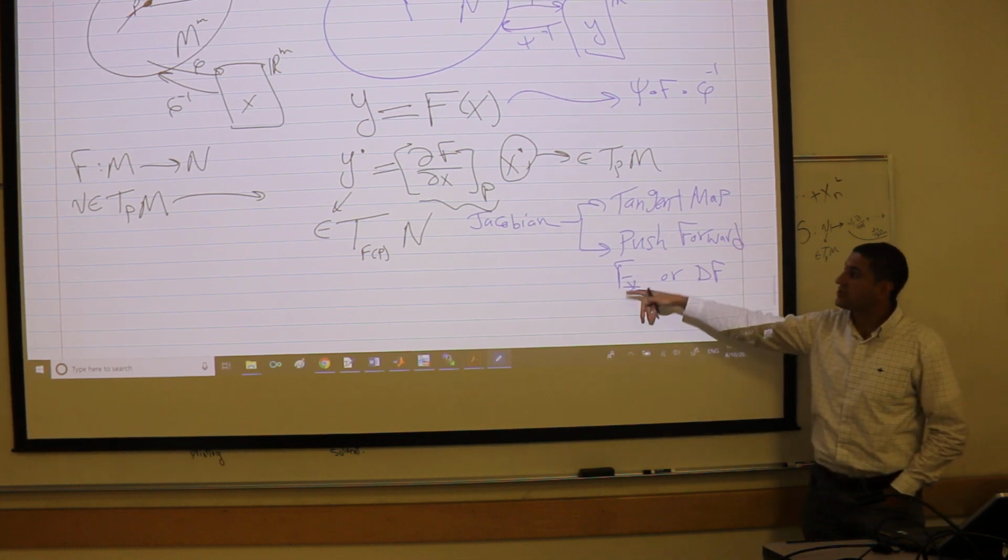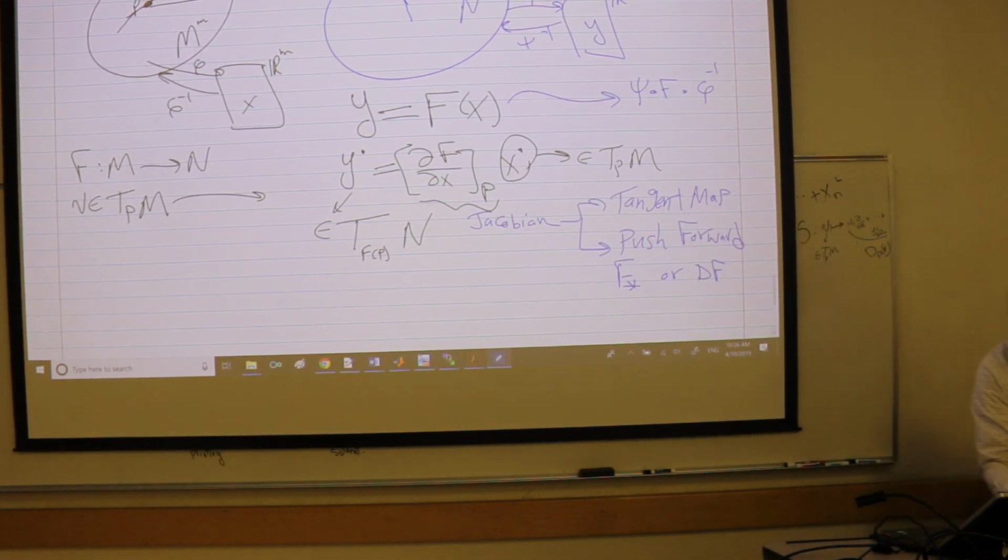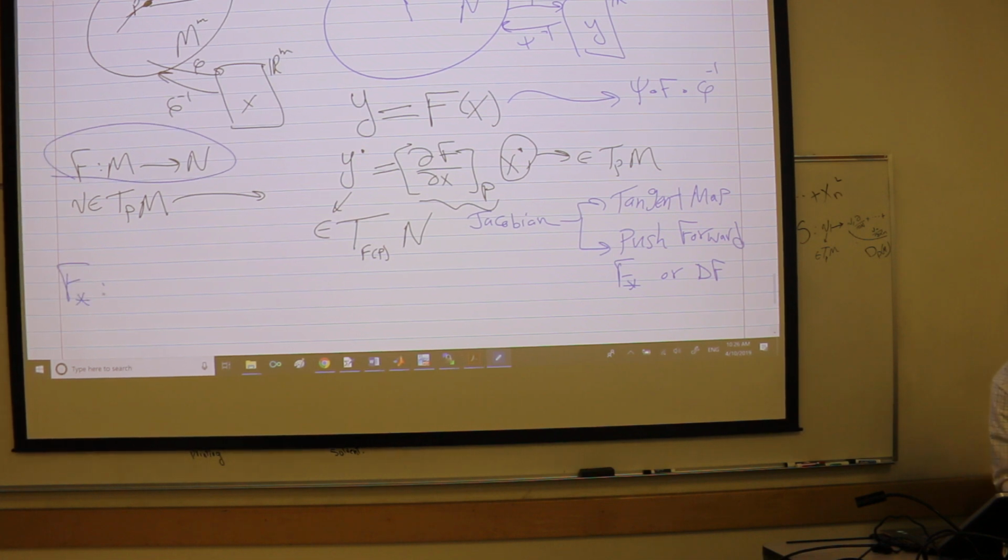F star is just the Jacobian evaluated at a point. So if f maps points, f star maps vectors. So f star, particularly at p, maps from where to where? TpM, very good, to T at f of p of N.